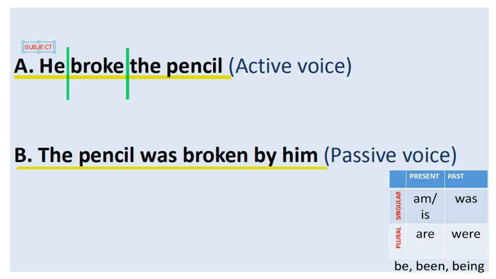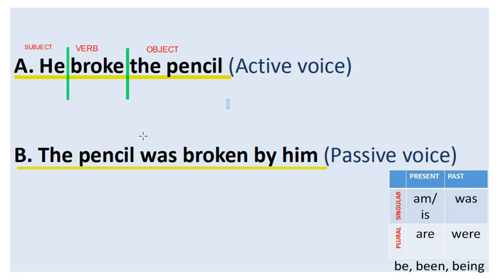He is the performer because he is the one performing the action of the verb broke. So we have the subject and the performer, he, followed by the verb broke, and then followed by the object, the pencil. The pencil is the object because it receives the action of the verb broke.